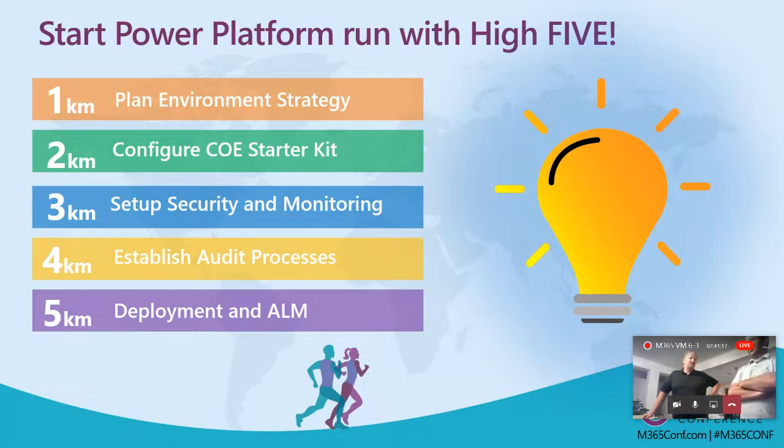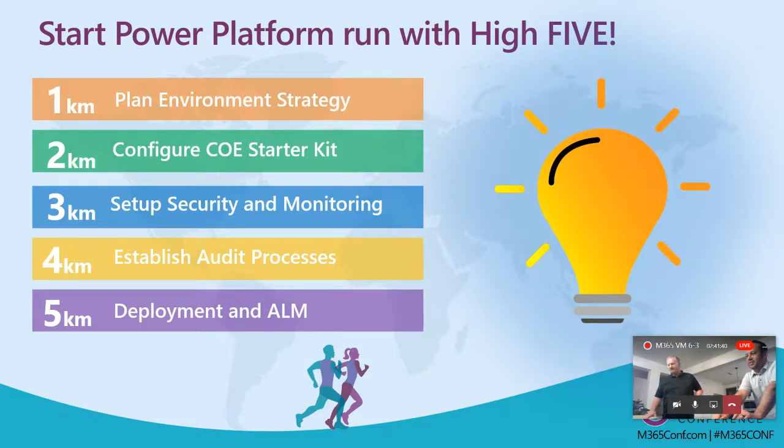Second, set up data loss prevention policies, and leverage out of the box activity logs and analytics. Third, learn from the Center of Excellence Starter Kit, which is an amazing tool chain that you can use in your current environment, meant to govern and nurture your organization, which we will talk about later.